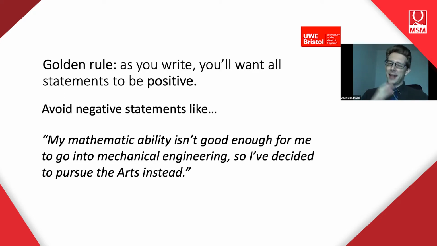Avoid negative statements like, my mathematical ability isn't good enough for me to go into mechanical engineering, so I've decided to pursue the arts instead. What this does is it makes it look like the arts, your intended field of study, is your second choice. So this is sort of a negative statement. We want everything to be very positive and proactive sounding. So let's check out how to do that.